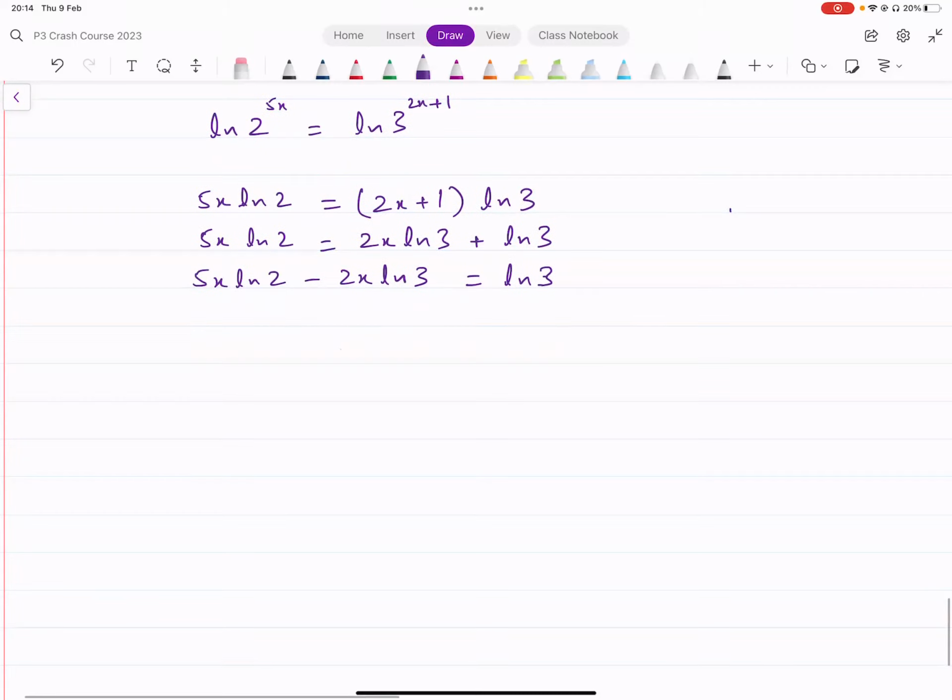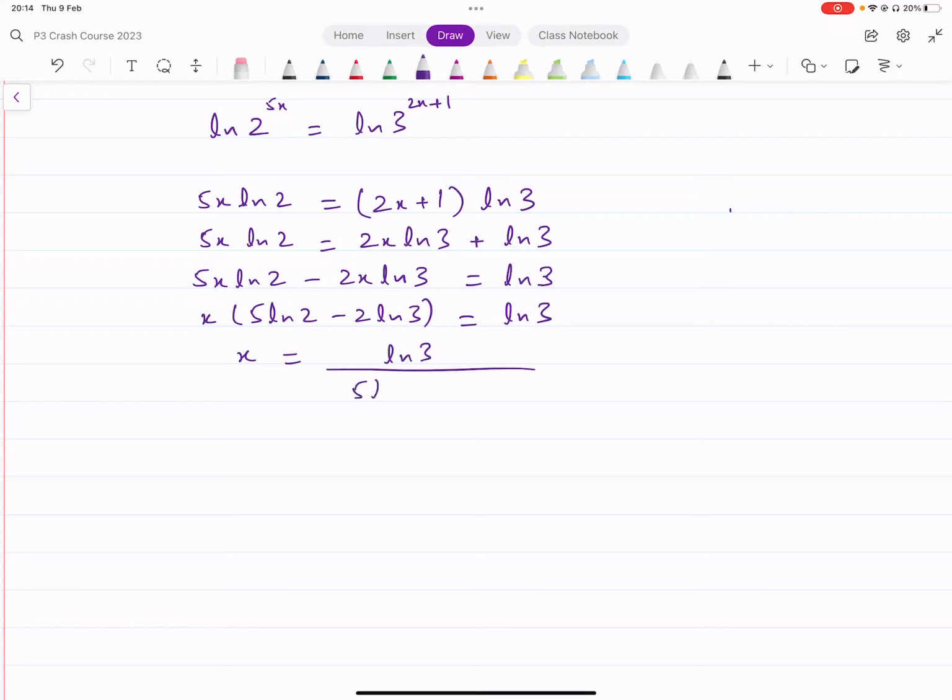Now we can take x common from the left side, so we can make x the subject. And that gives us x into (5 ln 2 minus 2 ln 3) equals ln of 3. And the value of x then turns out to be ln of 3 divided by this whole thing, which is 5 ln 2 minus 2 ln of 3.